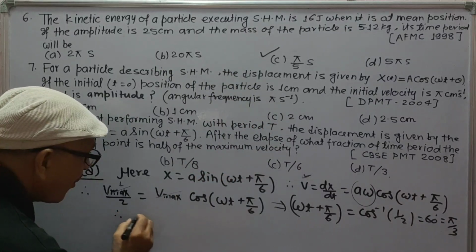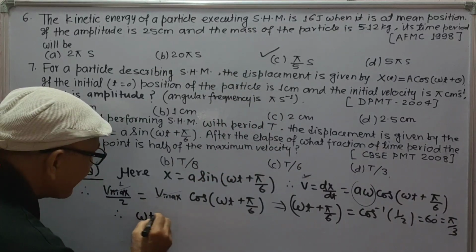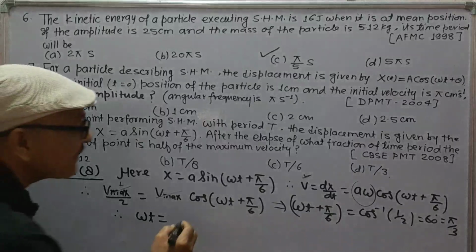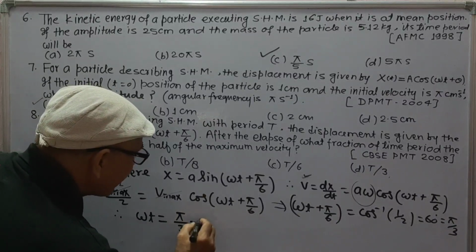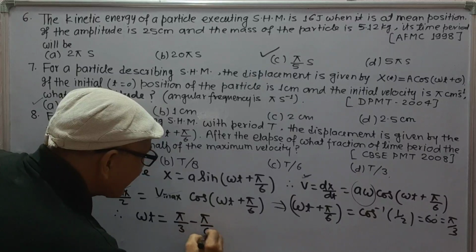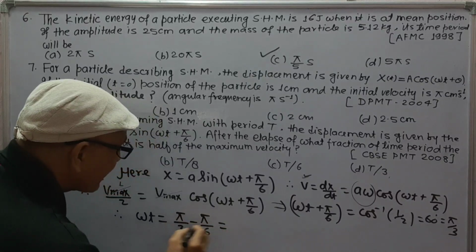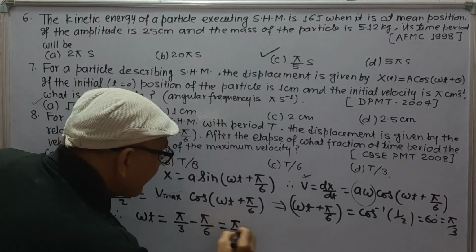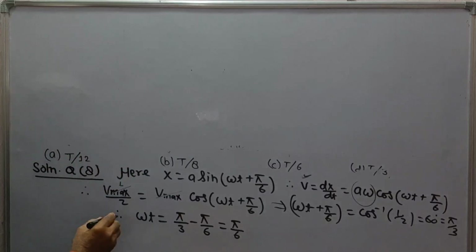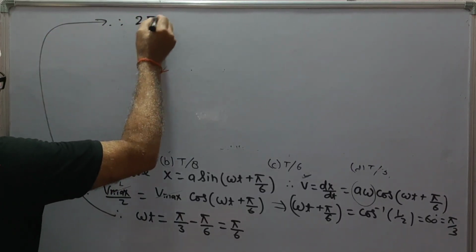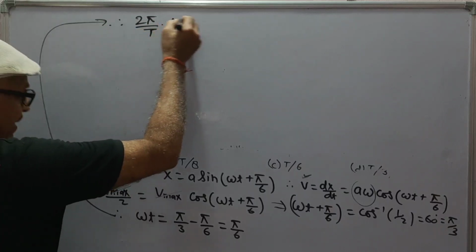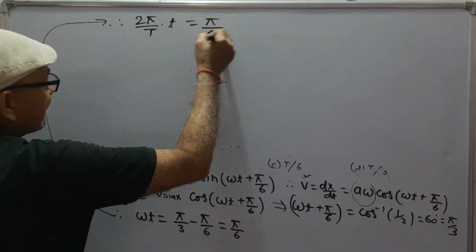Therefore, omega t will be equal to pi by 3 minus pi by 6, which gives pi by 6. Therefore, 2 pi by capital T into small t is equal to pi by 6.